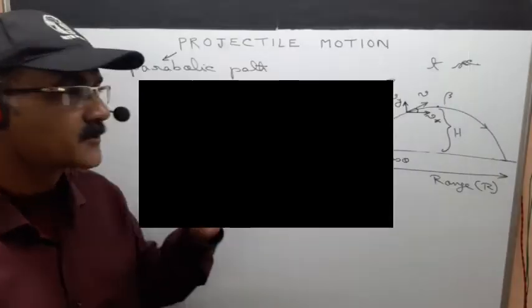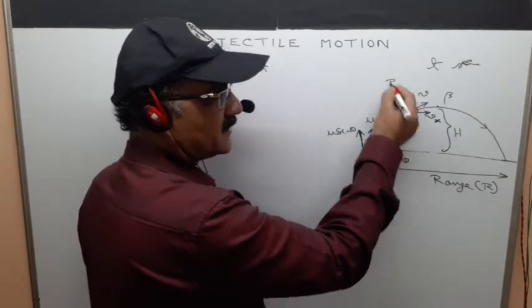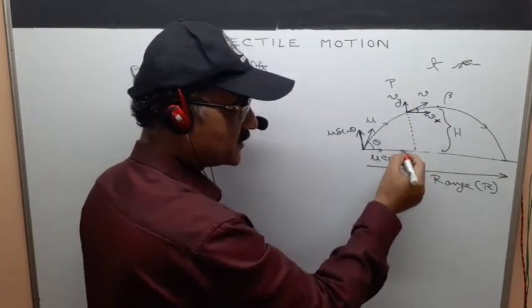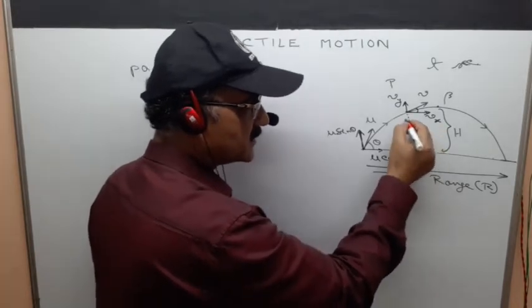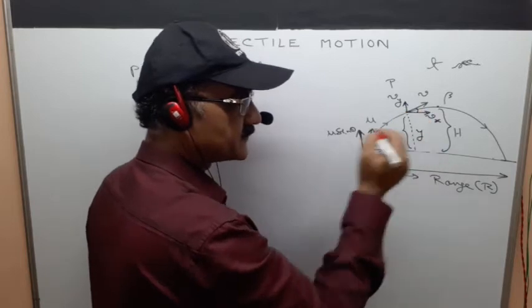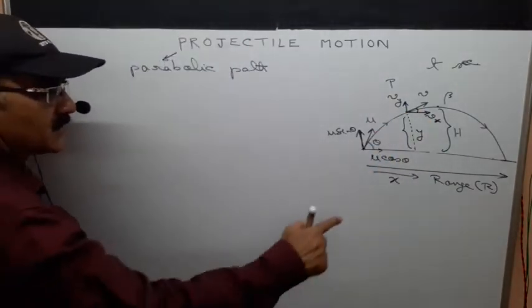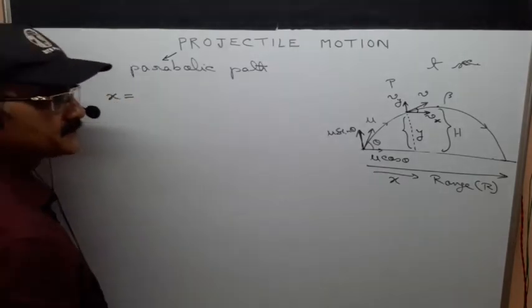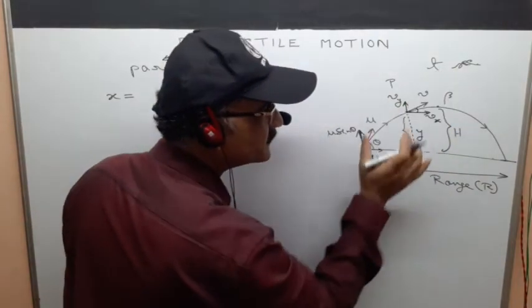For this, we can proceed like this. The projectile is at point P after a time t. Say the x coordinate of this point is x and the y coordinate is y. So how far will it go from here to here in time t?